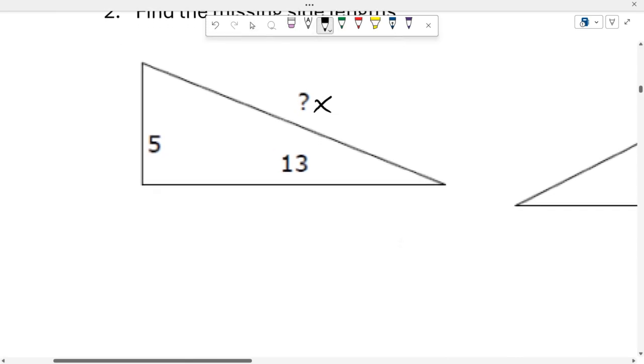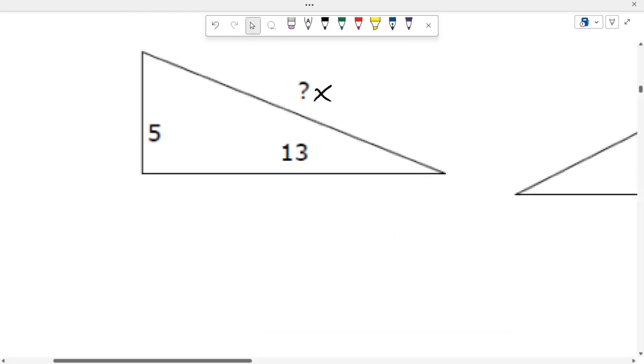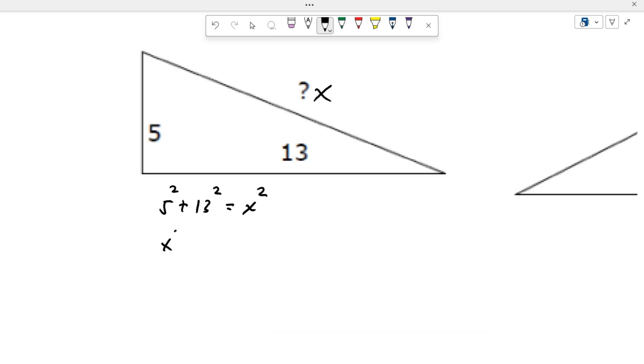we know our 2 legs. We are solving for the hypotenuse. So the sum of the squares of the legs of a right triangle is equal to the square of the hypotenuse. So x squared equals 5 squared is 25, 13 squared is 169, and their sum is 194.